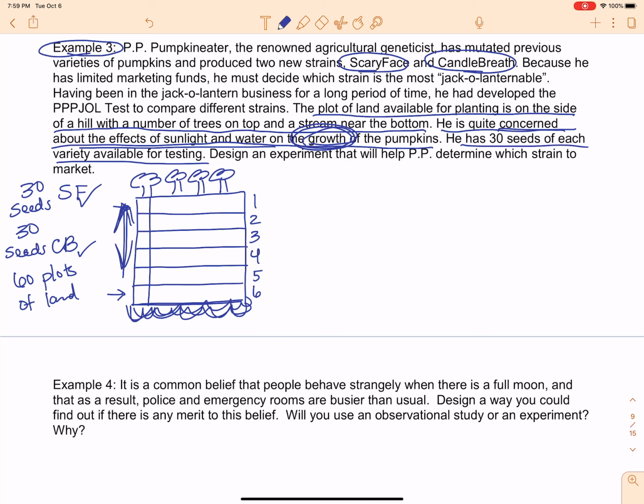And since I've got a total of 60 seeds, if I've got 6 rows and I need 60 seeds to fit into this whole plot of land, that means I'm going to want to create 10 columns. Okay, just like this. Hopefully I left enough room. We'll see. 1, 2, 3, 4, 5, 6, 7, 8, 9.